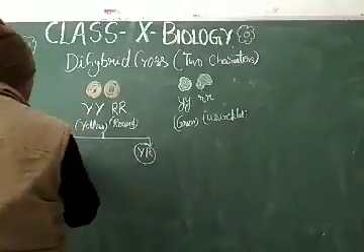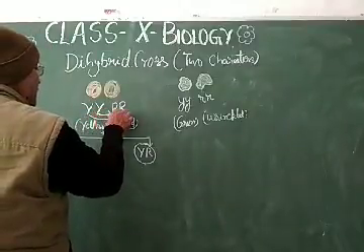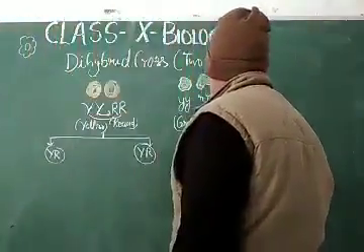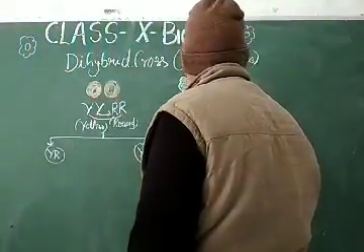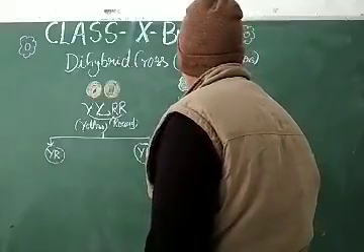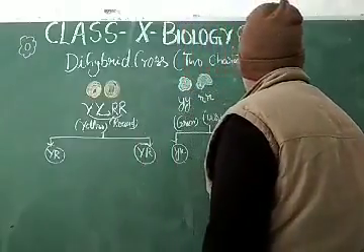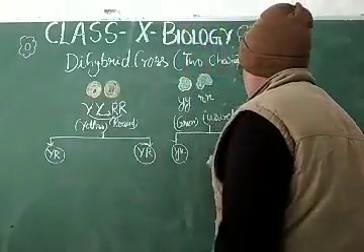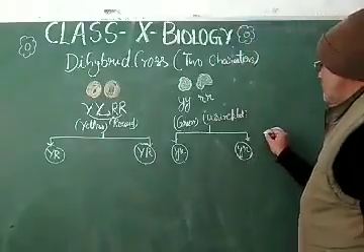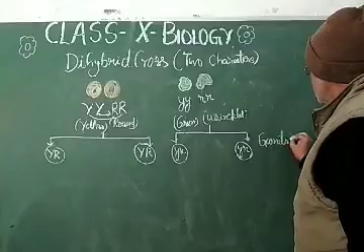This will be formed as a result of combining. Now what happened during gametogenesis? Small y, small r, and small y, small r. That will be there. This will be the phase of gametogenesis.